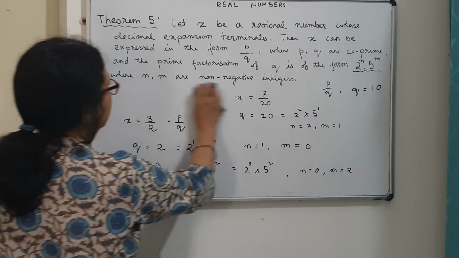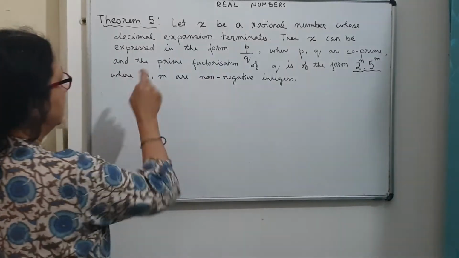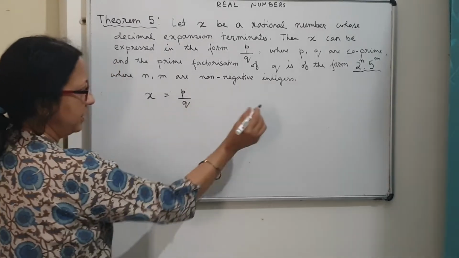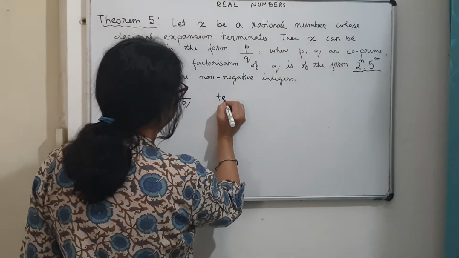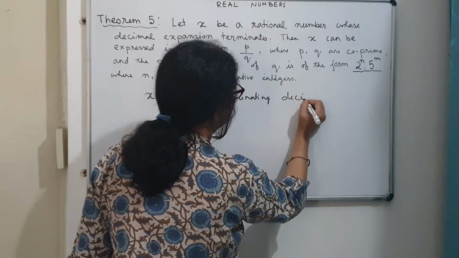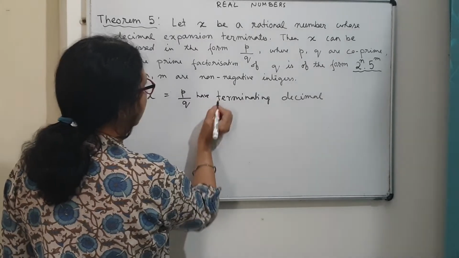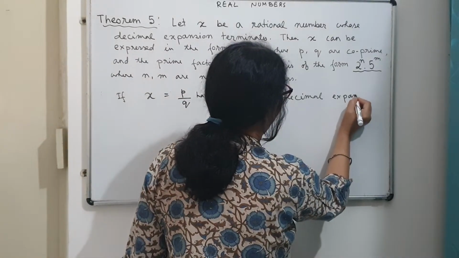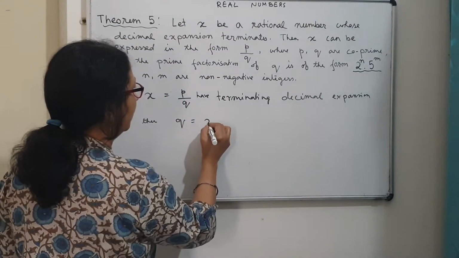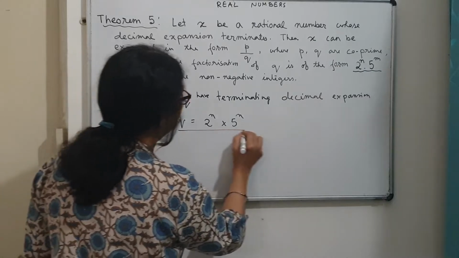So this theorem states that if x is equal to p by q has a terminating decimal expansion, then q can be written in this form, 2 to the power n into 5 to the power m. In short, this is the theorem.